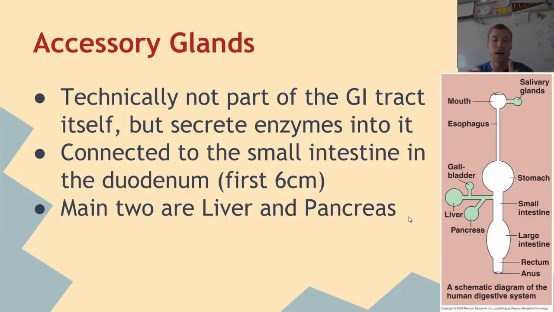You can live without it. It is basically just a place for storing excess stuff that the liver creates. The salivary glands are also technically an accessory gland because they produce enzymes that are then released into the mouth. The reason they're called accessory glands is that the food does not actually pass through these organs. Instead, they simply contribute enzymes to the digestive process.